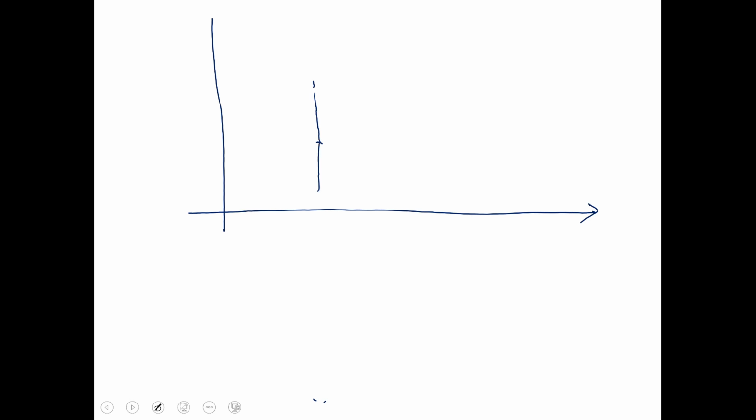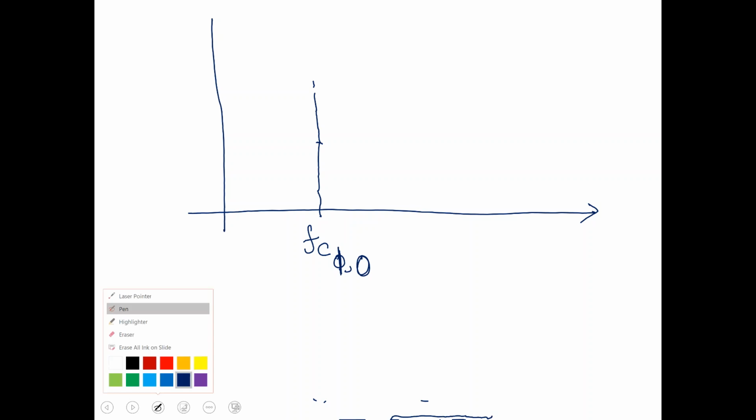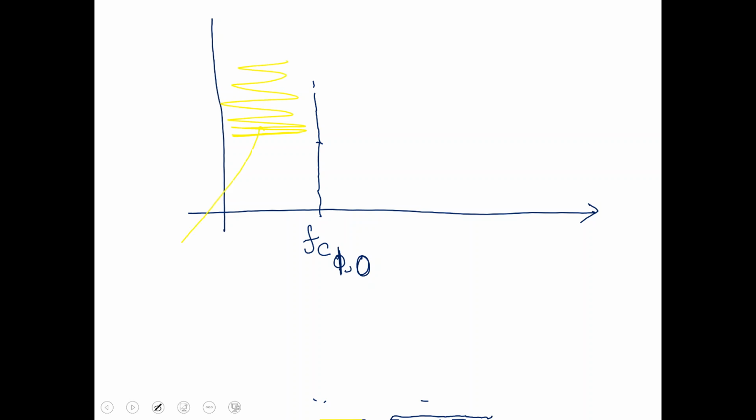You have your cutoff frequency, Fc, for TE10. As we go higher and higher above the cutoff frequency, below in this region here, only the evanescent wave exists.